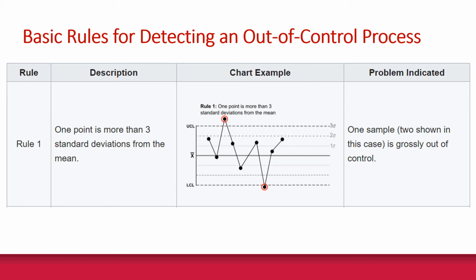As time went on, people added more rules to this basic step. This is the basic one here. Rule 1 is certainly the foundation, but over time since 1920, as other engineers have looked at this kind of situation, we've added additional rules.